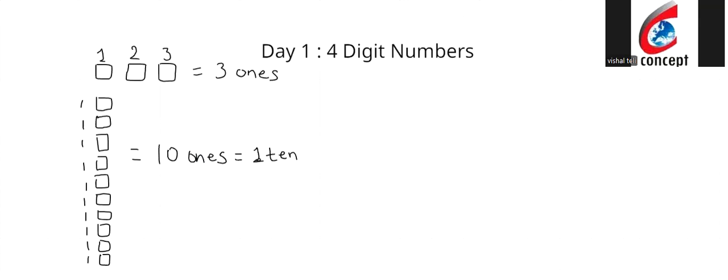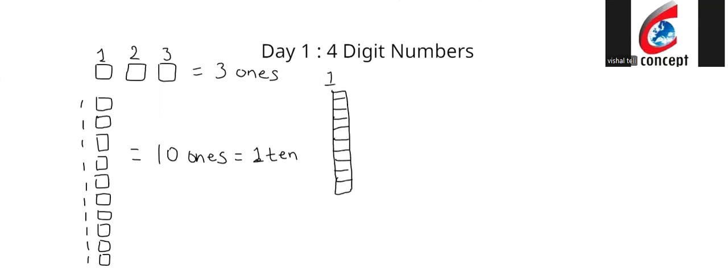So let me draw more. There are 1, 2, 3, 4, 5, 6, 7, 8, and 9. So 1, 2, 3, 4, 5, 6, 7, 8, 9, 10. So 10 ones means this is 1 ten.